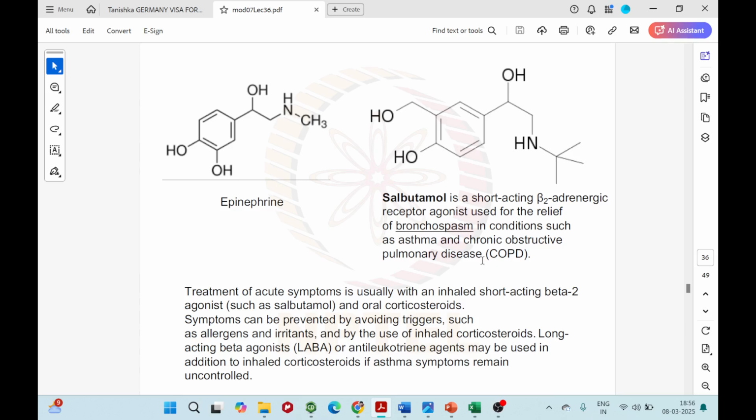In the sympathetic nervous system, there is relaxation of the bronchioles, of the smooth muscles, which in this condition become very tightened. Epinephrine was there to help relax those muscles, making the airway space broader. In place of epinephrine, salbutamol can be given, which acts as a beta 2 adrenergic receptor agonist.